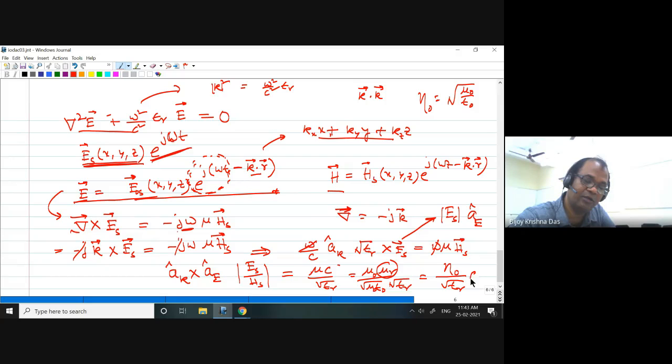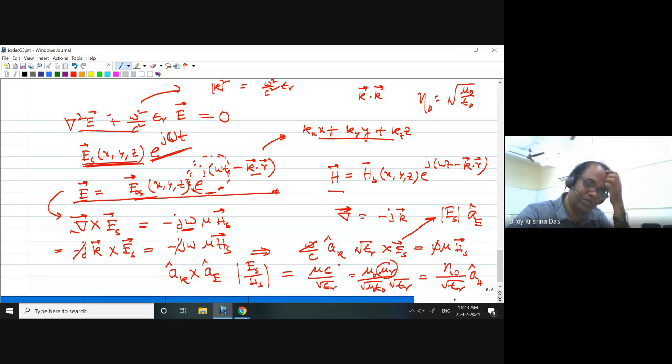So you have to write that the magnetic field will have a certain direction, right? So what I get here is aK cross aE equal to aH. That means the electric field must be perpendicular to the plane of aK and aE, propagation direction and electric field direction.